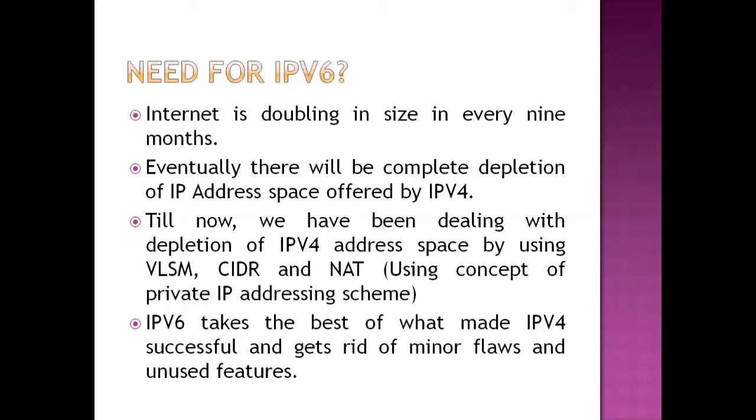But in case of IPv4, if the MTU, that is the maximum transmission unit of the link, is smaller as compared to the size of the packet, then the router itself, without intimating the source host, divides the incoming packet into smaller chunks, that is, fragments.